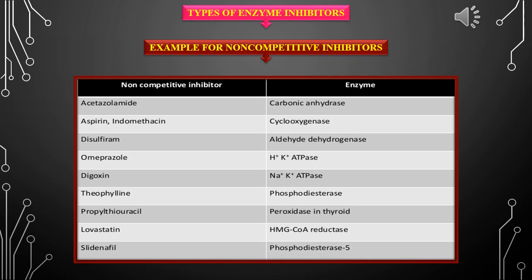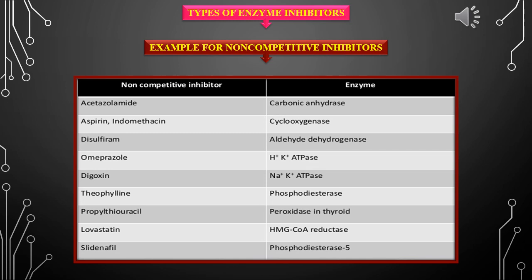Examples for non-competitive inhibitors are acetazolamide, aspirin, disulfiram, omeprazole, digoxin, theophylline, propylthiouracil, lovastatin, sildenafil. These are drugs acting as inhibitors on enzymes, like acetazolamide for carbonic anhydrase, aspirin and indomethacin for cyclooxygenase, then aldehyde dehydrogenase, and so on.